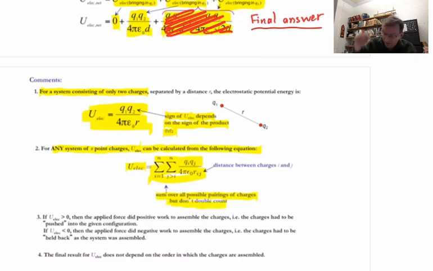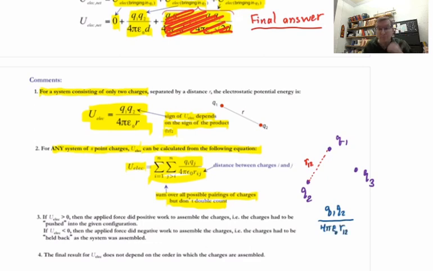So let's take a three-particle system, with a simple geometry: Q1, Q2, Q3. Take all possible pairings, like 1 with 2. You have to know the distance between them, I'll call that R12. You'll have a contribution to U elec from just those two: Q1 Q2 over 4 pi epsilon 0 R12.